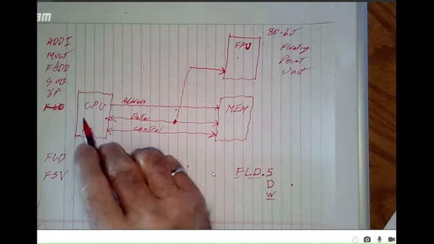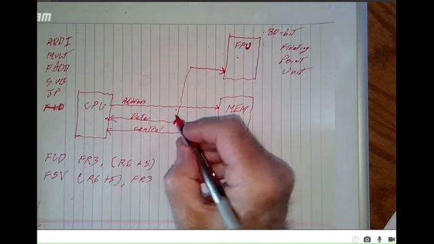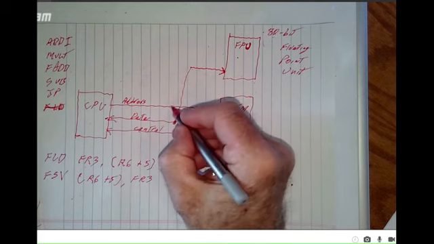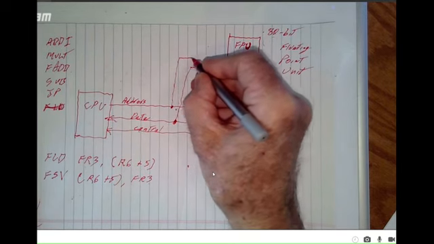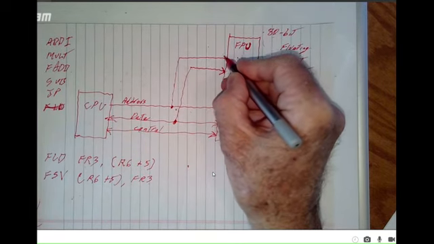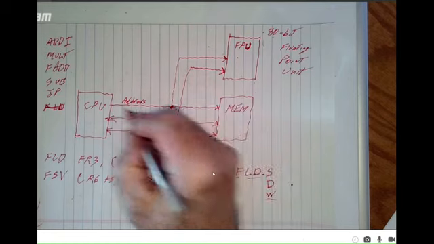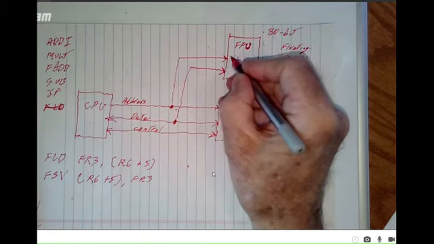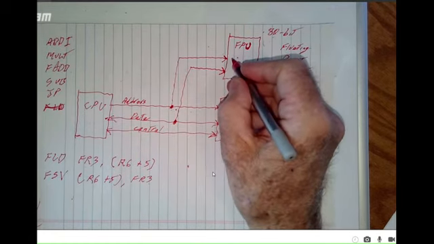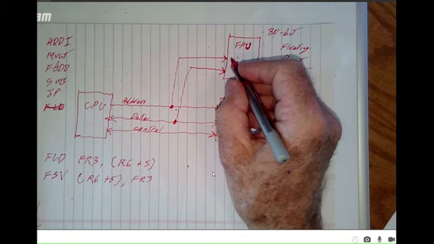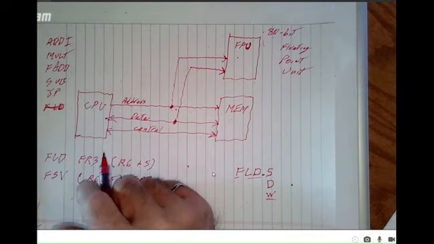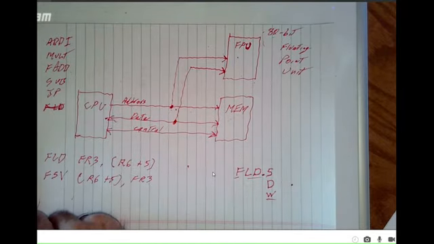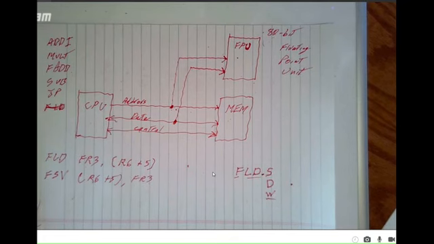So the CPU calculates the beginning address of the transfer, and when it spits it out, the floating point unit copies that address into a special address register that it has. At this point, the CPU is done. It's calculated the address and spit it out, and the floating point unit has the address and the CPU is done.